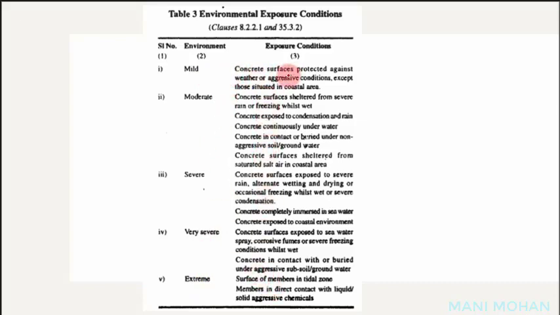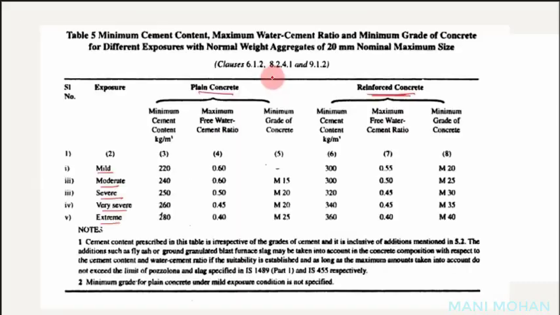So you please read this and identify the exposure condition for the concrete for which you are going to do the mix design. So you remember we have M20 grade concrete. Now under mild environment condition, minimum grade of concrete which you should use is what? M20. For moderate minimum grade of concrete, what you have to use? M25. So it is obvious that when I am going with M20 grade concrete, you have a mild exposure condition.